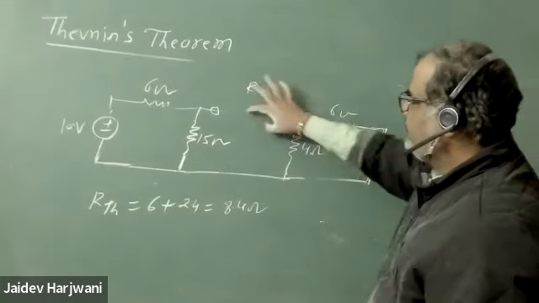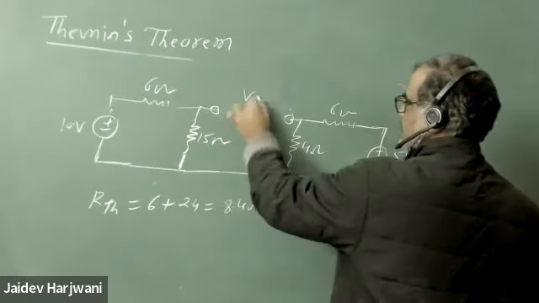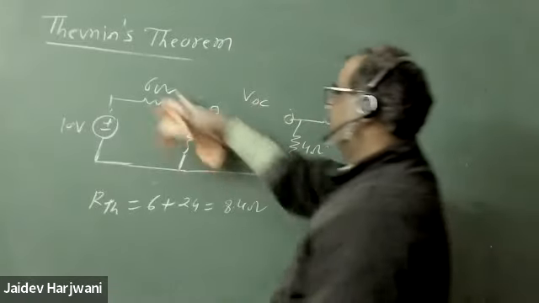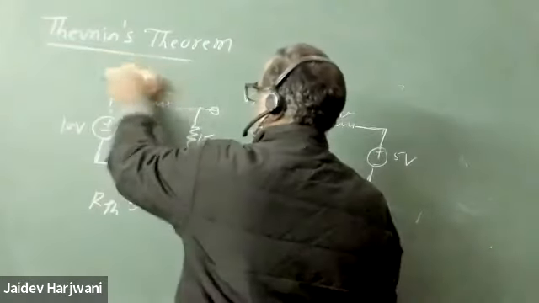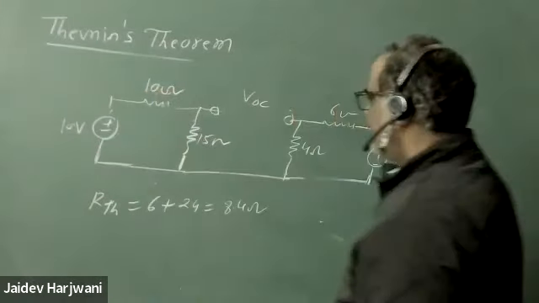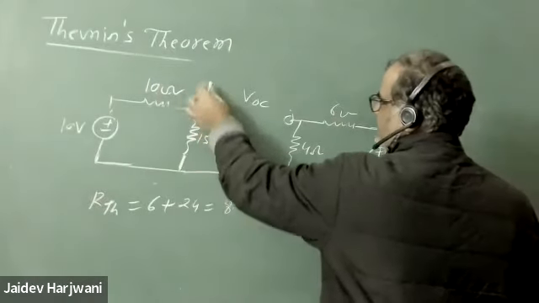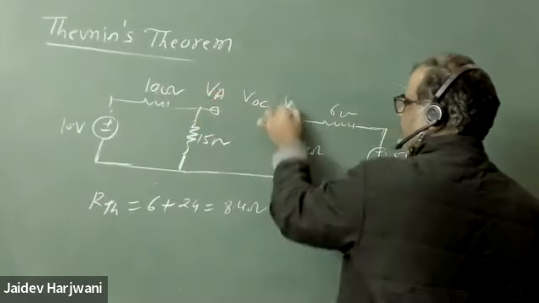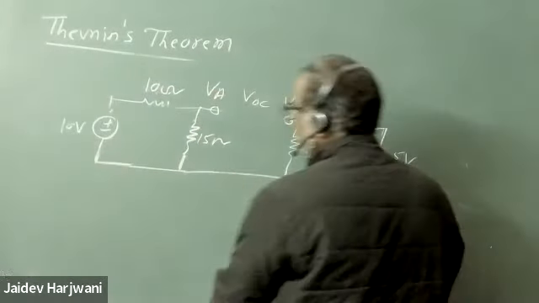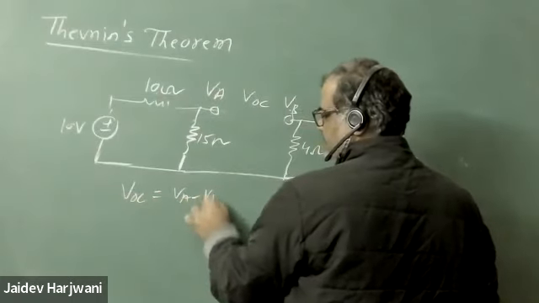Now I want VOC. Here there was 10 ohm. Okay, this was 10 ohm. Now I want VOC. VOC means if the voltage here is VA and the voltage there is VB, then VOC will be VA minus VB.